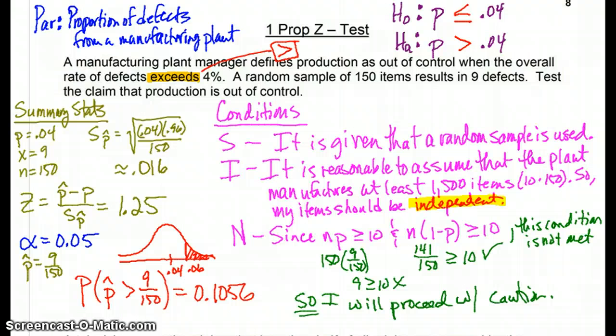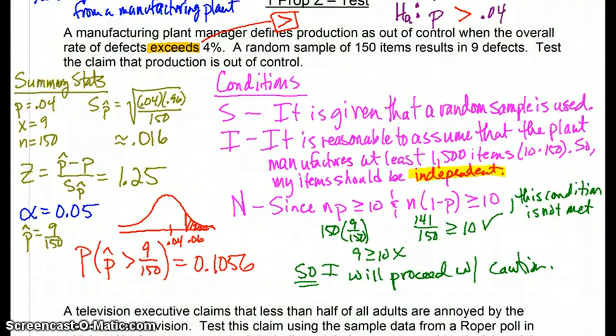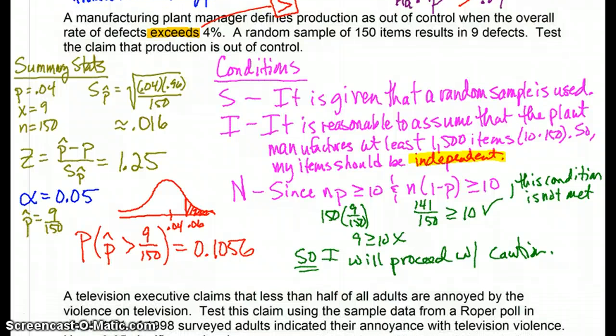Now, based on our p-value, I think we know what's going to happen. So what do we have to say? We have to actually have our conclusion and tell everyone what we got. So that's our money statement.